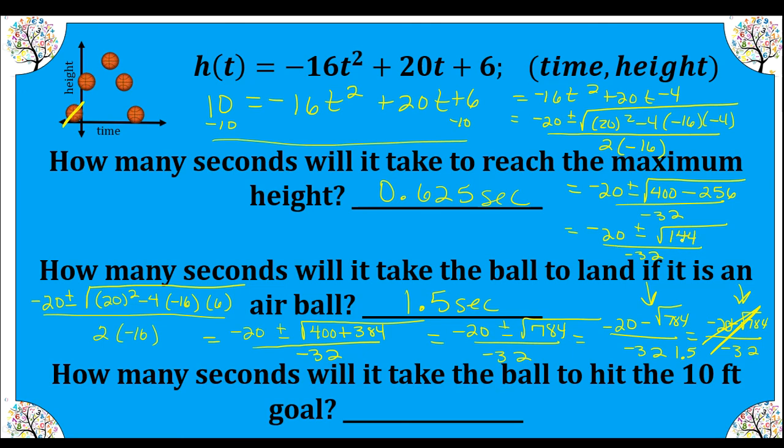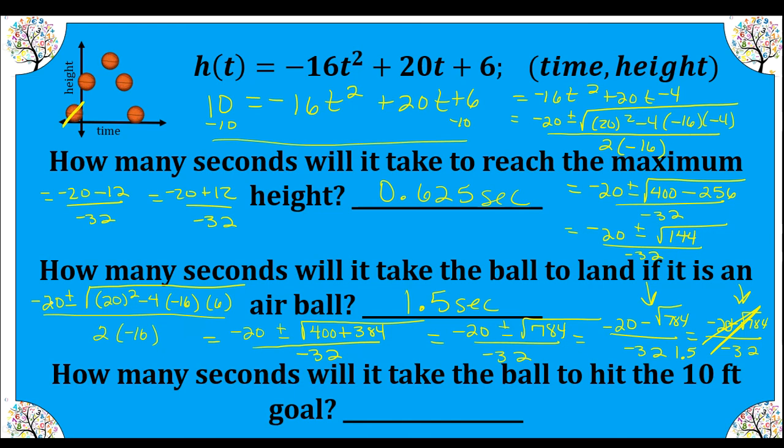Ooh, that's a nice perfect square. Square root of 144. So I'm going to have two equations: negative 20 minus 12 over negative 32, and negative 20 plus 12 over negative 32. So let's do both of these.